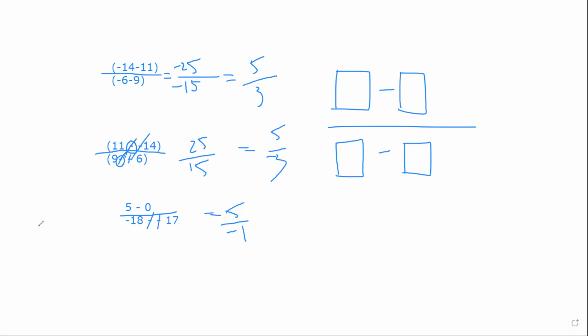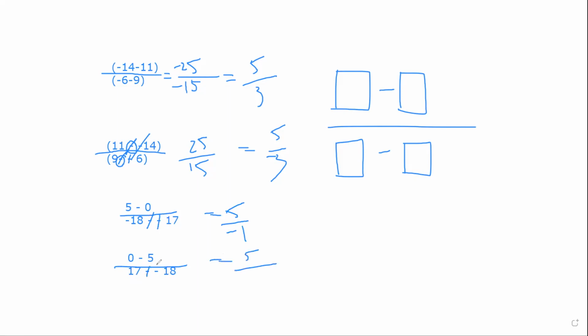Now, what if I did it the other way? I'm doing this on purpose. So negative 17 minus negative 18. Did it again. I forgot a minus sign. See, there I go. My own worst enemy. Now I'm going to get positive 5 on the top.